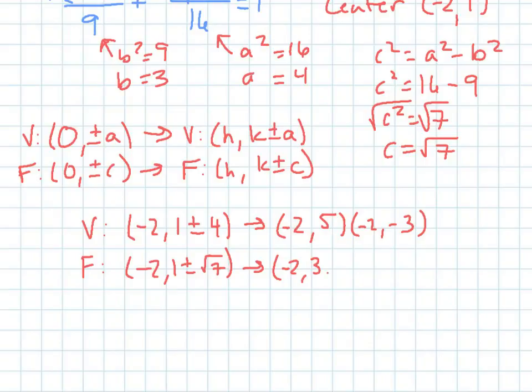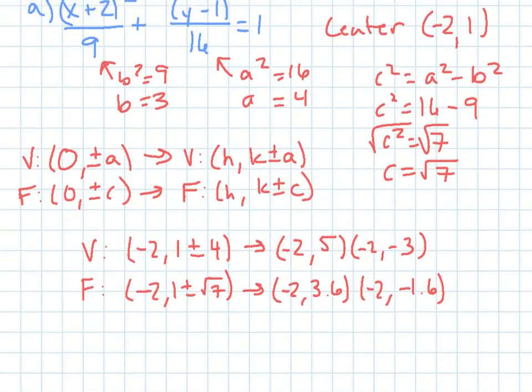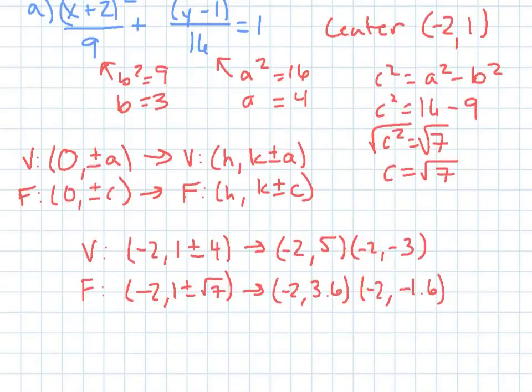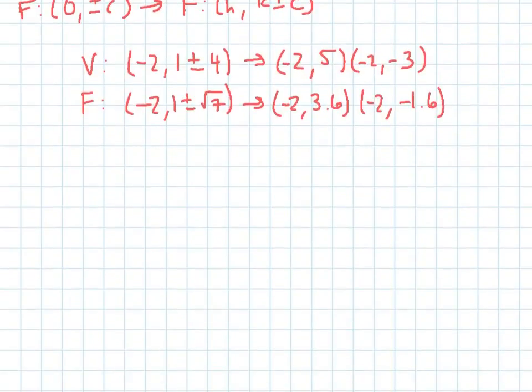So 3.68 would be 1 plus square root of 7, and you can do just tenths if you'd like. And then 1 minus square root of 7 will be -1.6. Okay? So there's my foci. I know my b value. Remember the 3 is from the center.